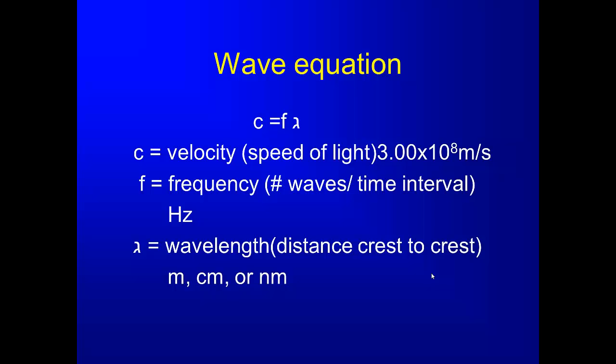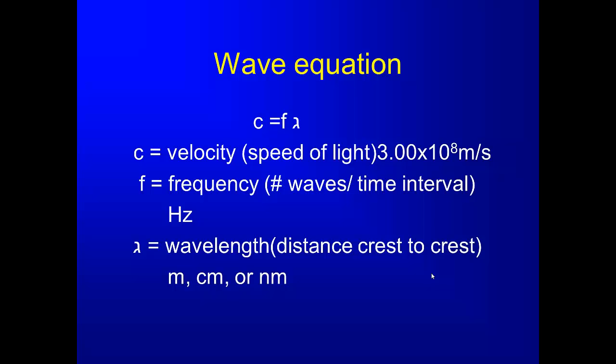F is your frequency. Frequency is how many times a wave hits you in a certain time interval. If you're standing at the beach and it hits every 2 seconds, or if you're standing closer and it hits you every 30 seconds, that's what it's talking about: how often it hits you. Lambda is the wavelength, from one crest to another, or from a trough to a trough.